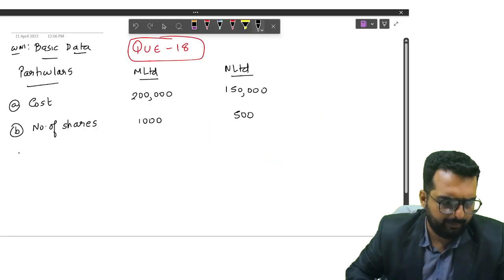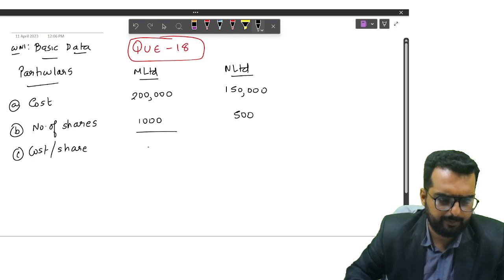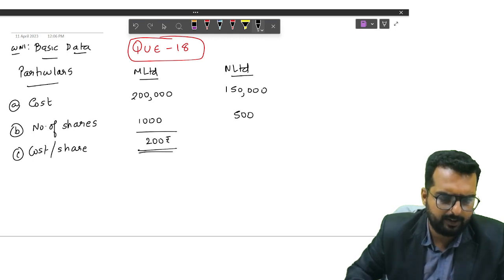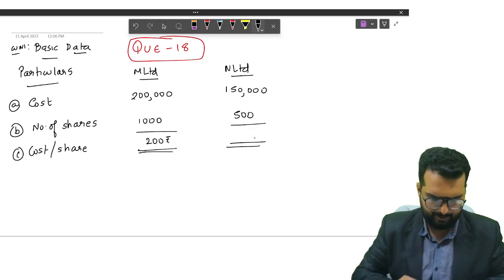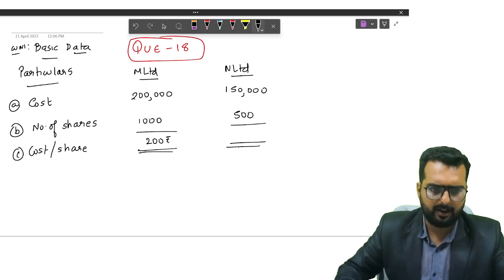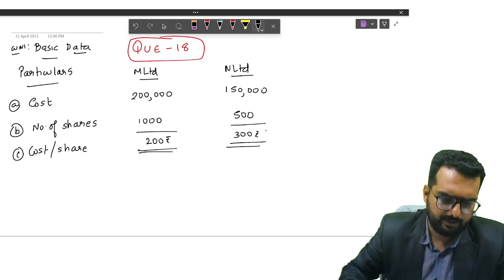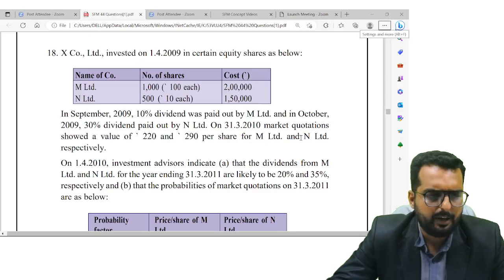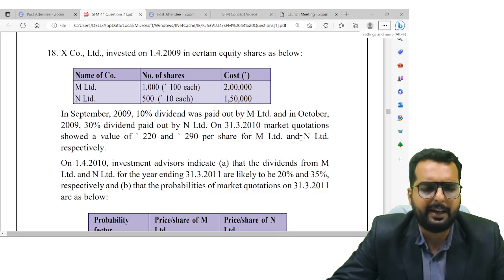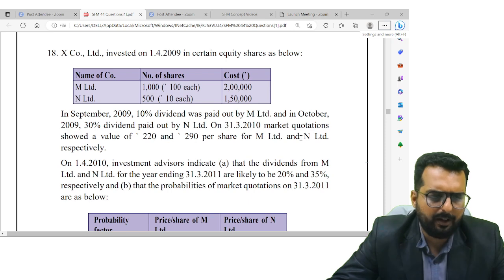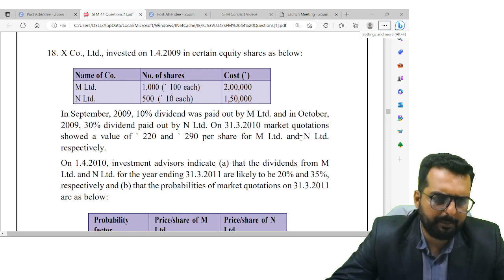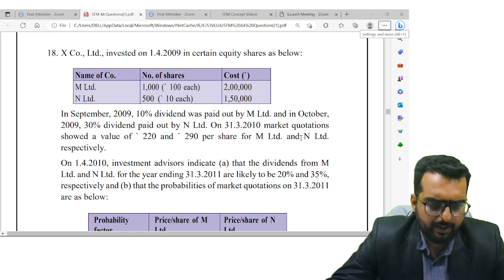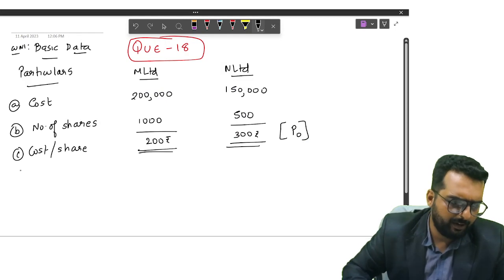Correct? So from this, can I find out the cost per share? I think you will get the answer as 200 rupees over here, and here I'll get the number as 300 rupees. This is a cost, hence I'll call it as P0. Down they have told in September 10% dividend was paid out by M, and in October 30% dividend was paid out by N. So basically from this I can find out the dividend also.